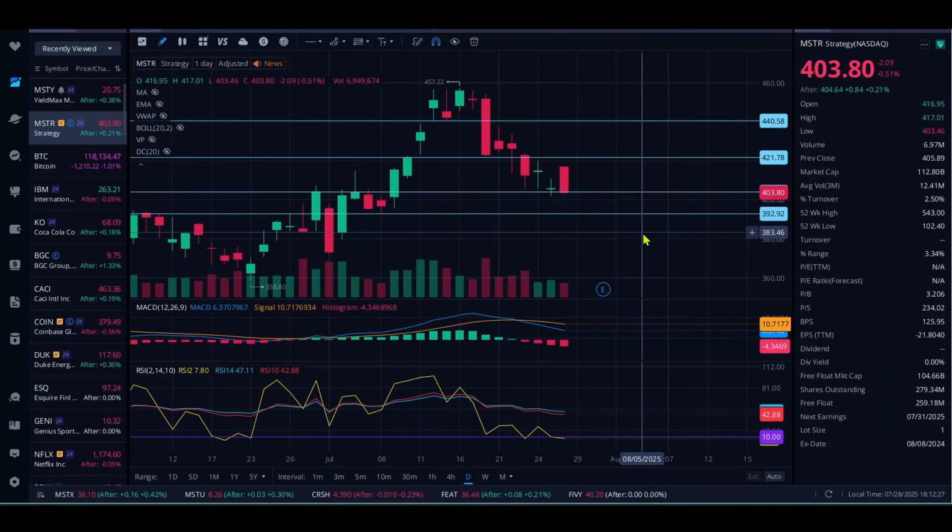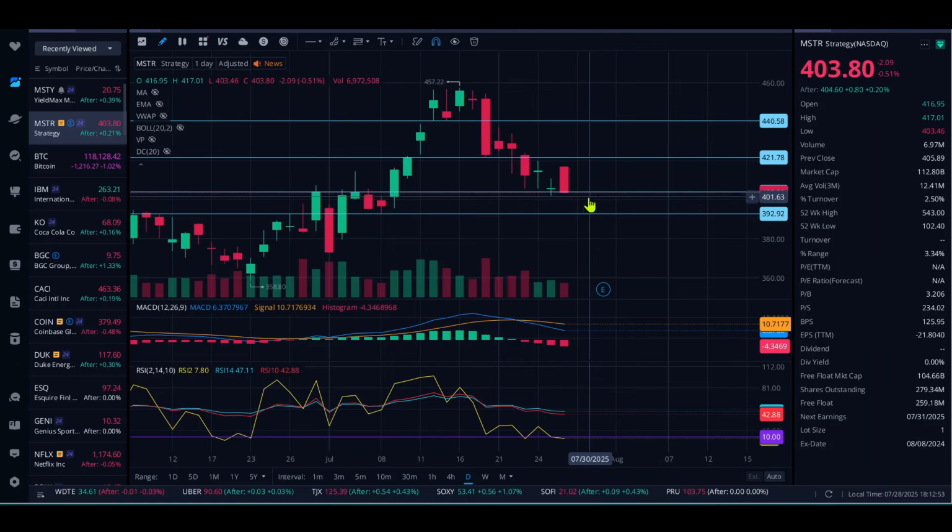Okay, so here we are looking at MSTR now on the charts. And as you can see, yesterday when I did a video talking about the Friday close, we were basically testing this same support line. And today we are again testing that same support line.